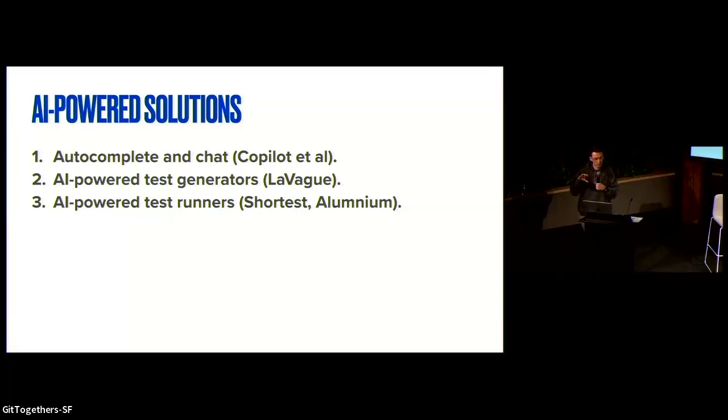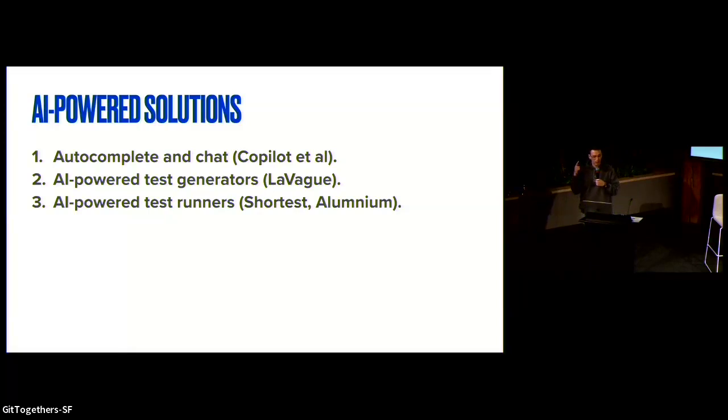So I started trying to find out if there are any open source solutions specifically targeting testing. Basically, I found two buckets. There are AI-powered test generators, and I'm going to talk a little bit about a project called Lavague, which is pretty cool. I'm going to show it to you.